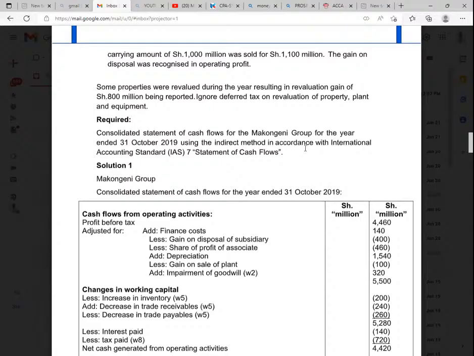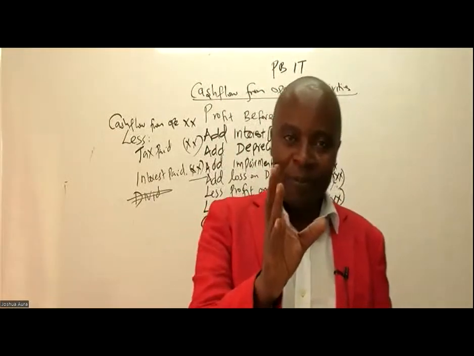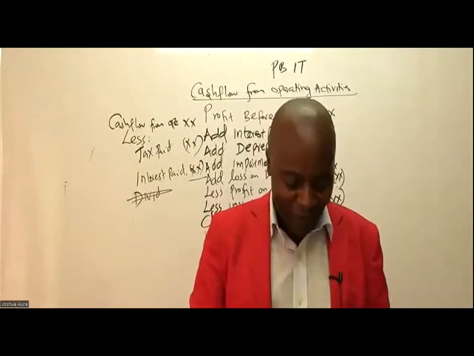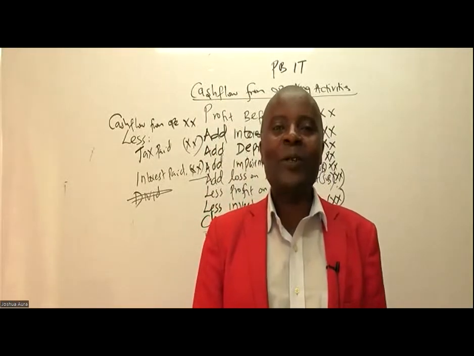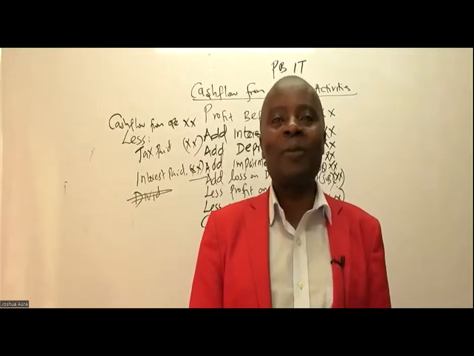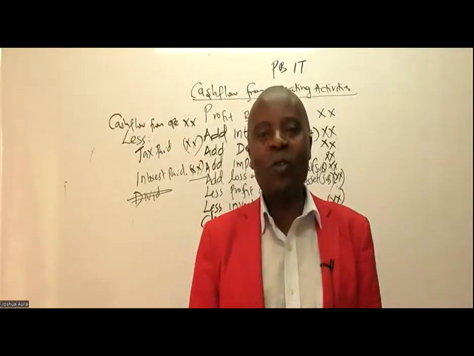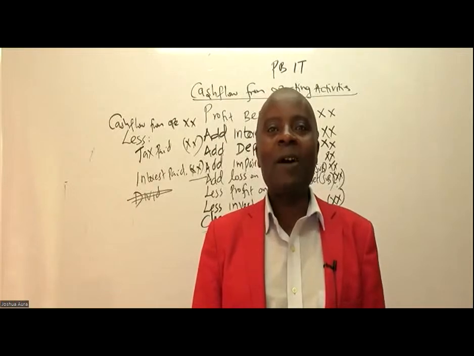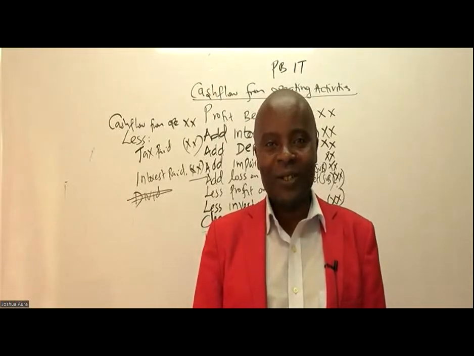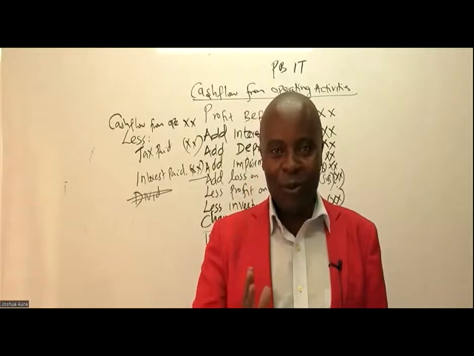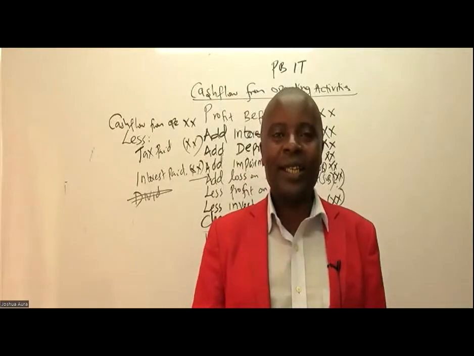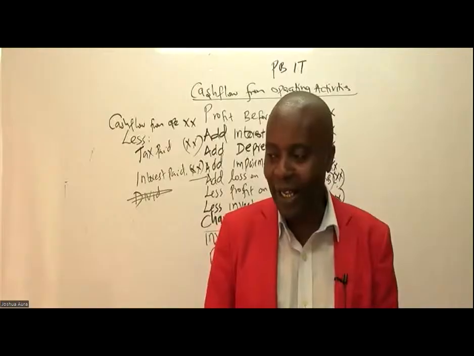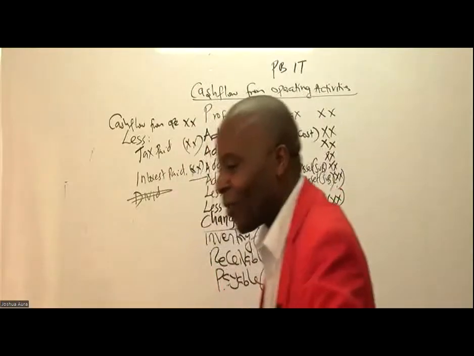Ladies and gentlemen, the first thing that I will do if you give me this kind of question, because it's a group cash flow statement, is to compute goodwill of the 2 subsidiaries. Goodwill of EIIHE and the goodwill of Salama at acquisition.